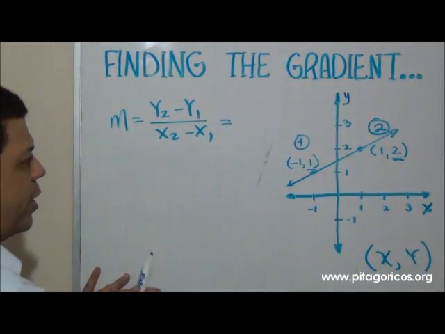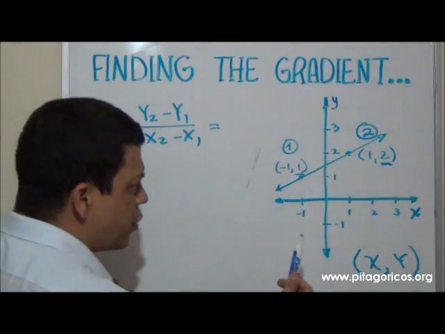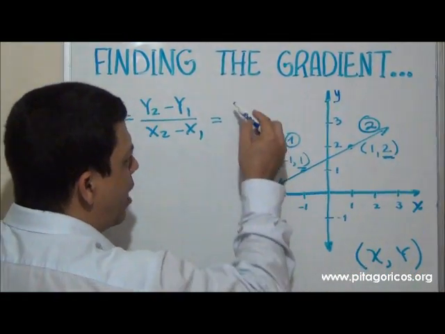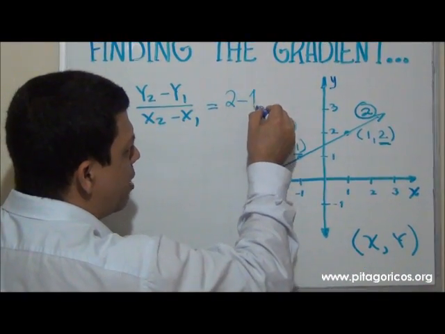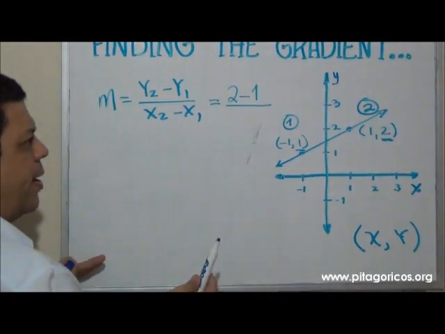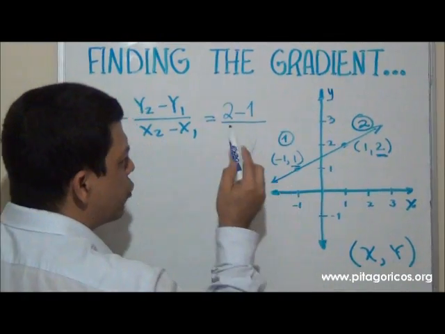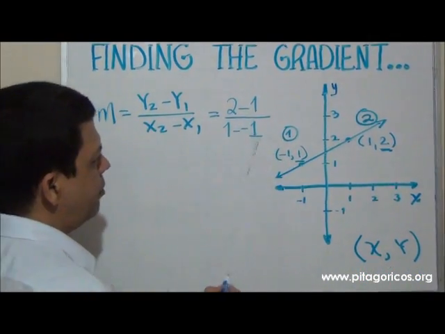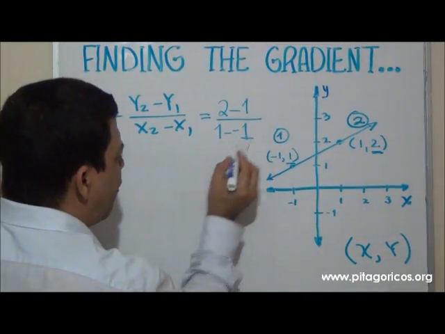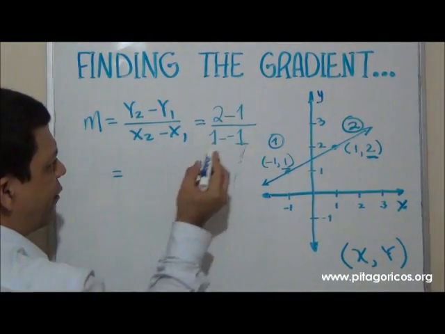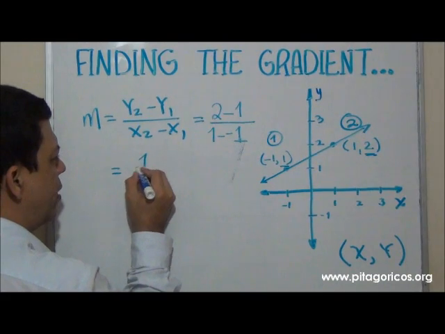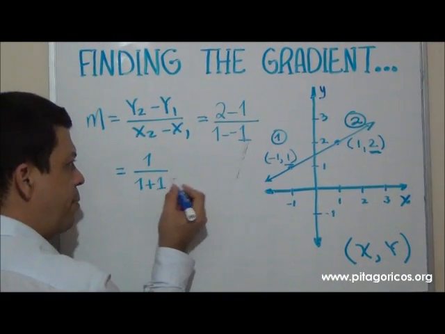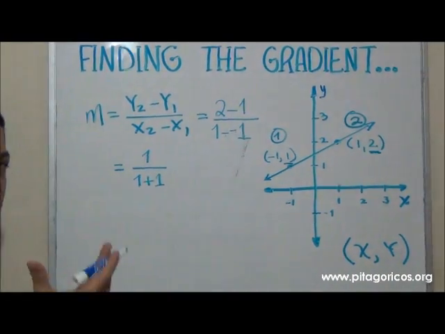So to find the gradient, what we do is subtract first of all the values of y. That is 2 minus 1. I'm going to put it here, 2 minus 1 divided by 1 minus minus 1. If I simplify this more, 2 minus 1 is 1, and 1 minus minus 1 is going to be 1 plus 1, because negative turns into positive.